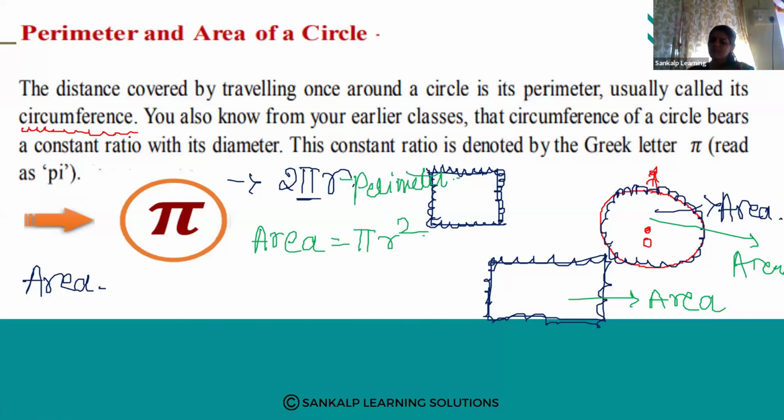Okay, now the next concept is, what do you mean by concentric circles? Yes, concentric circles. Have you heard anywhere about concentric circles? So you know what a circle is. Concentric circles means the circles having the same center but different radius. So this is the same center.